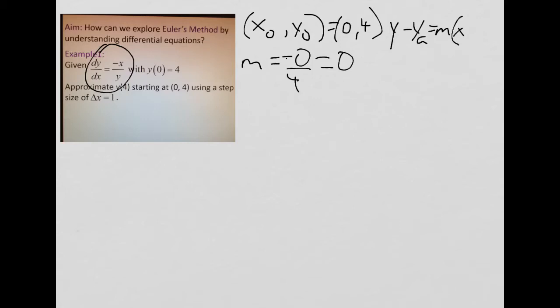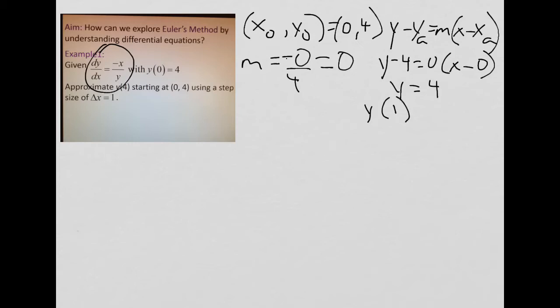It's not going to stay y sub 0 and x sub 0. I'm going to change that subscript to an A. We find that y is equal to 4. So we're getting y(1) to be 4.